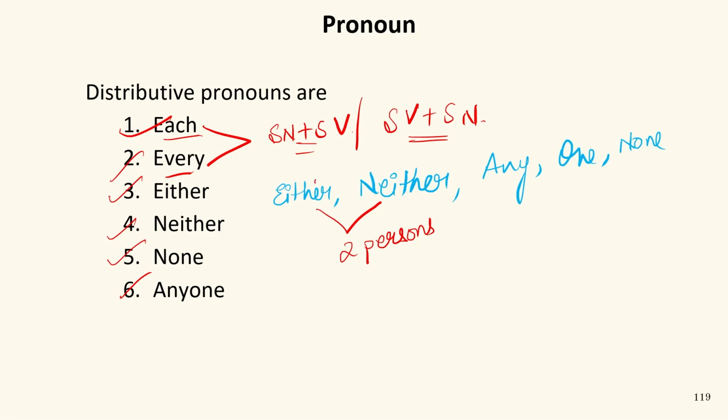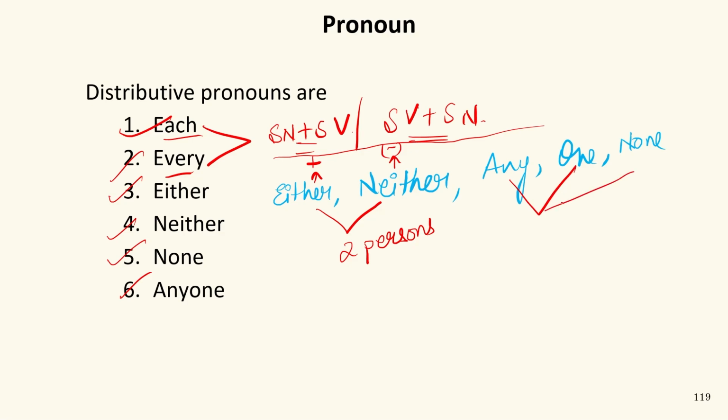Now, either is used in positive sense if the sentence is positive. But if the sentence is negative, we use neither. It means neither states no one of it or nothing of it, but either states one option from those two options.